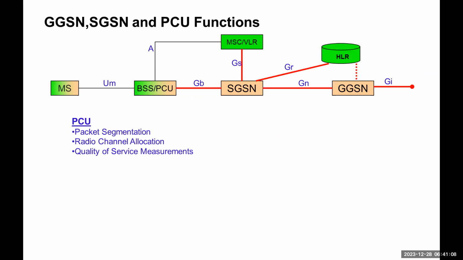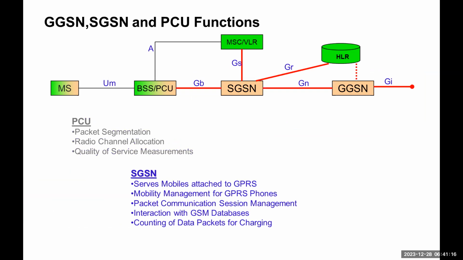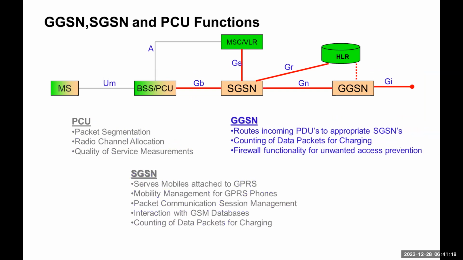Let us try in this slide the different brief functionality of the GPRS blocks. First one is the PCU, second one is the SGSN, third one is the GGSN, right? The GGSN connects to the external network via the Gi interface and can act as a firewall to prevent unwanted access.